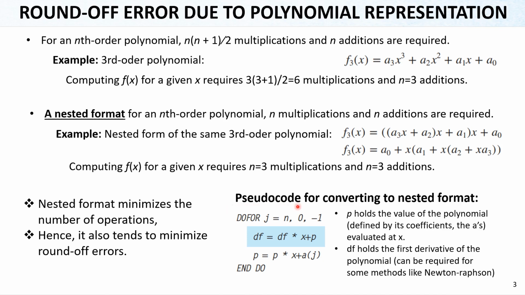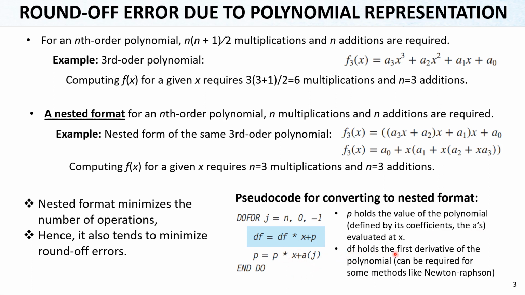And we can have a pseudocode for converting to a nested format. So when we have a polynomial, we simply have this pseudocode, a for loop, as you can see, and we will have this kind of multiplications here, for instance, p equals x times p plus df, and p equals x times p plus aj. And p holds the value of the polynomial defined by its coefficients, a, evaluated at x.